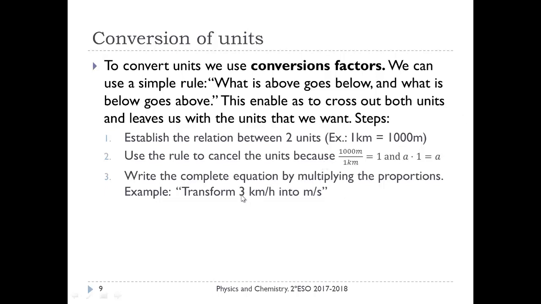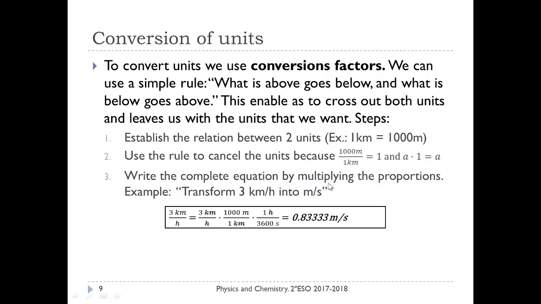For example, transform 3 kilometers per hour into meters per second. So we have this equation: 3 kilometers divided by 1 hour, times 1,000 meters divided by 1 kilometer, times 1 hour divided by 3,600 seconds.